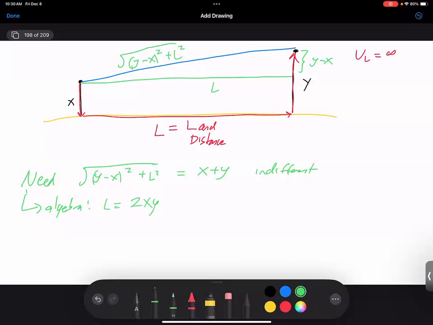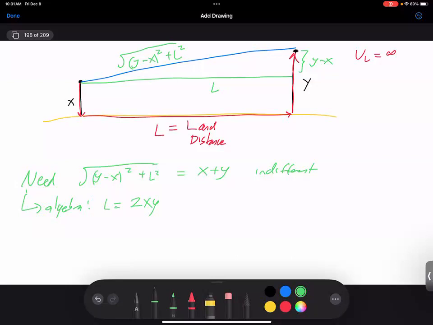So how could you figure out that L equals 2xy? Well, if I square both sides, I get y minus x squared plus L squared is x plus y squared. So I'll have a y squared on both sides. I'll have an x squared on both sides.